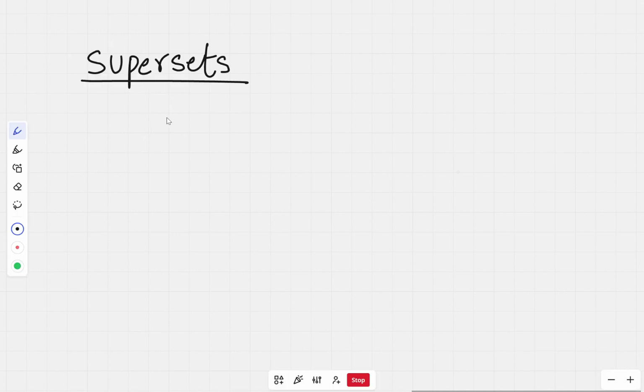Now moving on, our next topic is supersets. As we have taken the example of A and B, let's take it again. I'm just going to write 1, 2, 3 here.